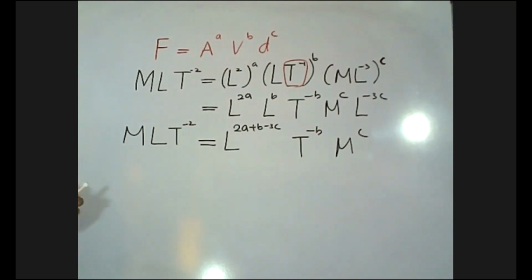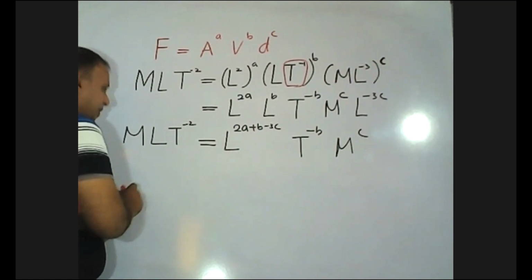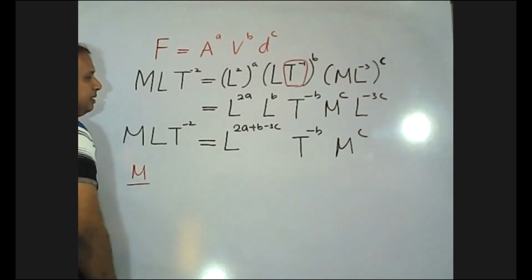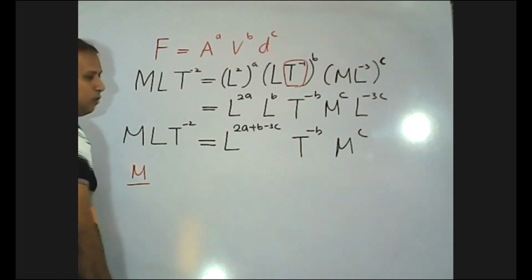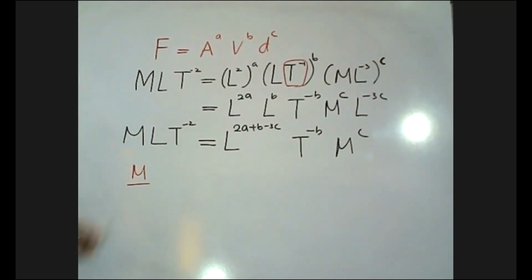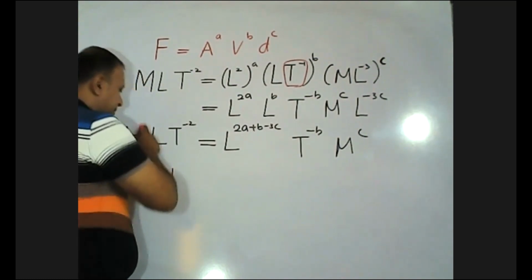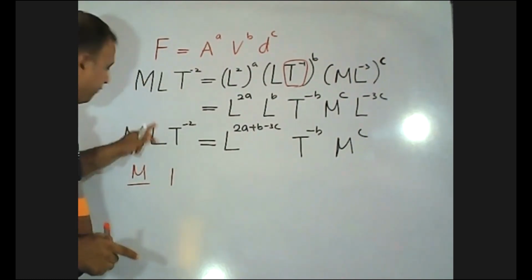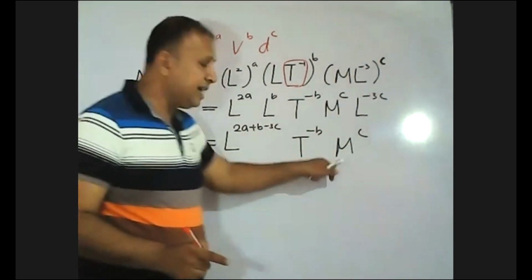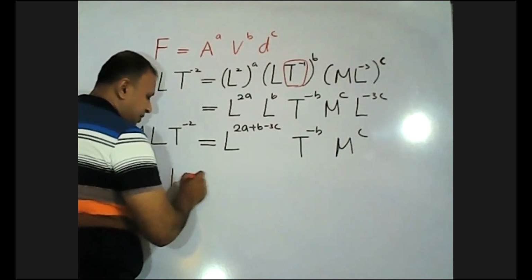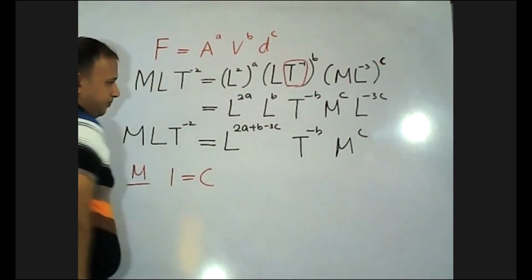If I equate the powers of M, then C is equal to 1. On the left hand side, the power of M is 1. On the right hand side, the power of M is C. So 1 should be equal to C.